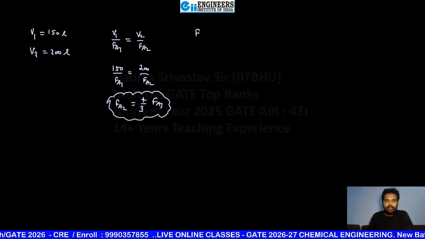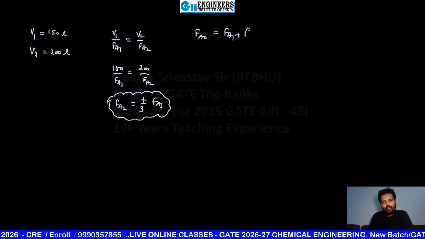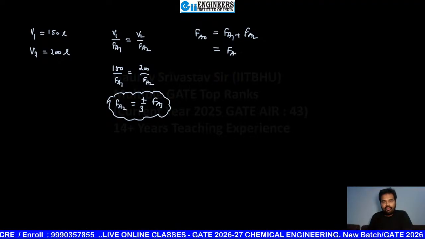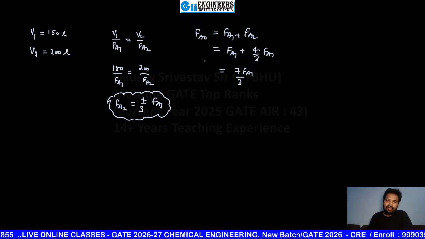So we know that FA naught can be written as FA1 plus FA2. So in terms of FA1, FA naught is FA1 plus 4 by 3 FA1. Take 3 as LCM. So 3 plus 4, it's 7 FA1 by 3. This is the value of FA naught.